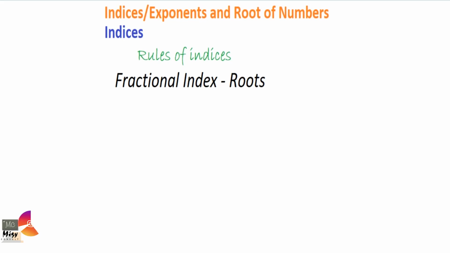Also we are going to do this so easily. So let's take it that you have a raised to the power half. It is the same as the square root of a. So the square root of a can be reversed to be this.